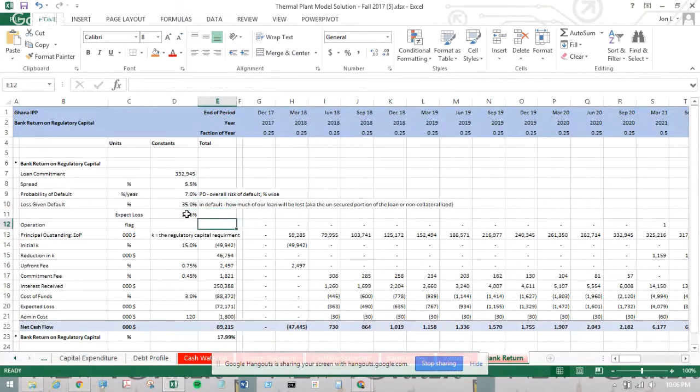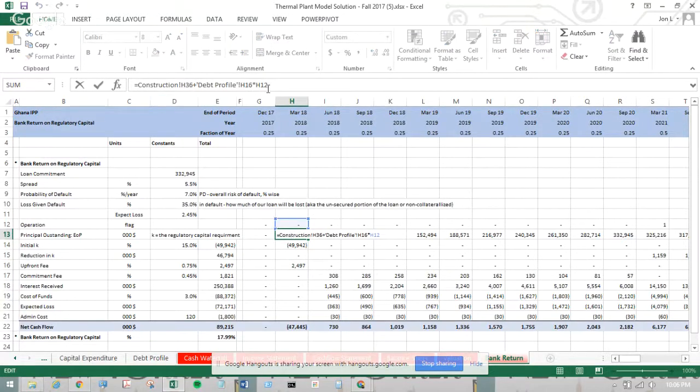Loss given default, expected loss, regulatory capital requirement is K right here. And you just pull this from your construction plus debt profile times the operation flag. So it's kind of like the trick to turn off construction versus debt profile. Initial K only shows up in that period.